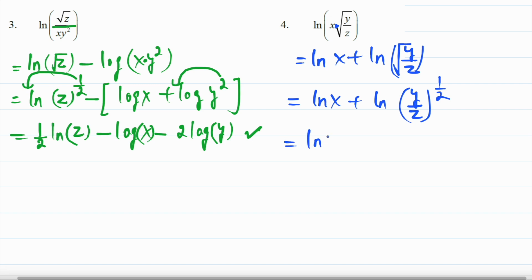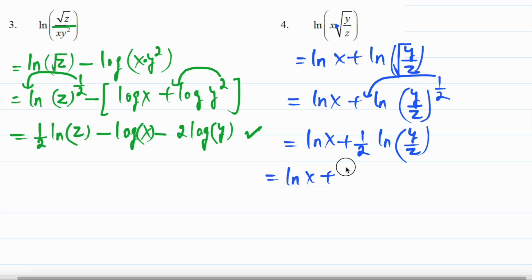So next step, log x as it is, and 1 over 2 will come in the front because of the third property. So you will have 1 over 2 log y over z. Log x as it is, 1 over 2 is as it is, and here you can use the second property, which is log y minus log z.